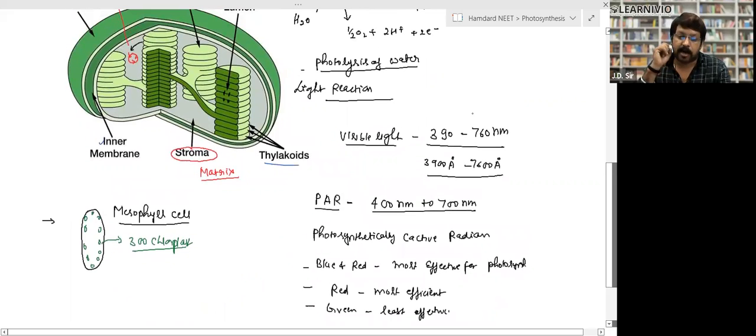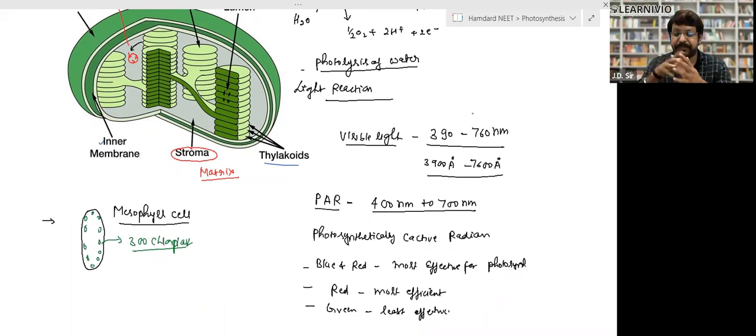What is PAR, right? Photosynthetically active radiation. PAR means that part of light or wavelength which is responsible for inducing or catalyzing this reaction. In simple words, it is the frequency of light which helps in the formation of food.